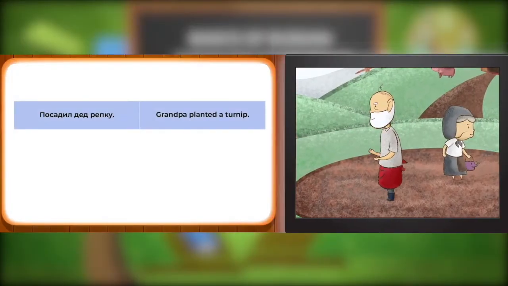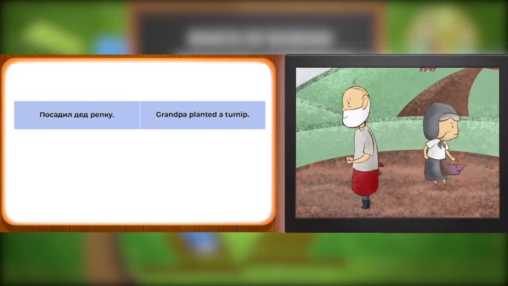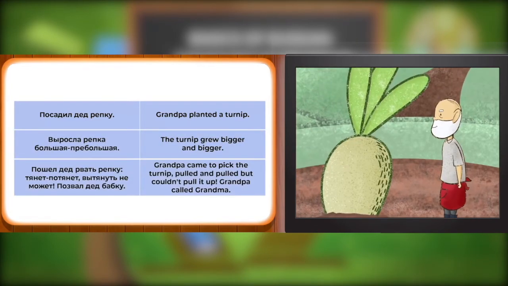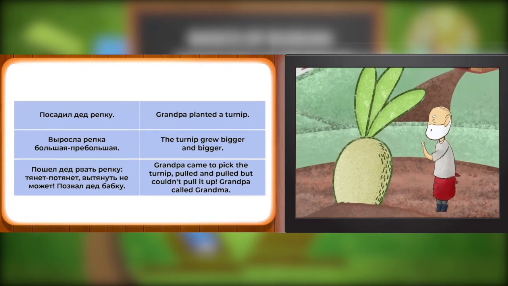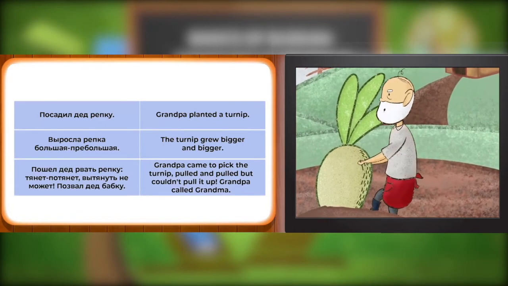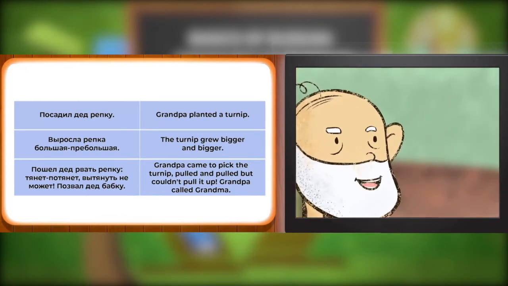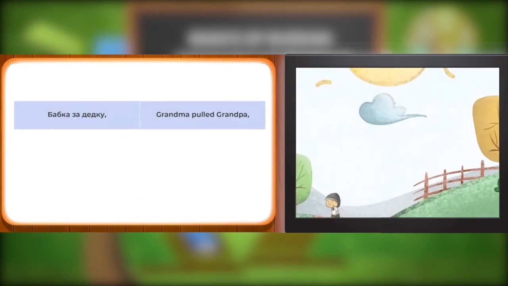Now let's read the story in English translation. Grandpa planted a turnip. The turnip grew bigger and bigger. Grandpa came to pick the turnip, pulled but could not pull it up. Grandpa called Grandma.